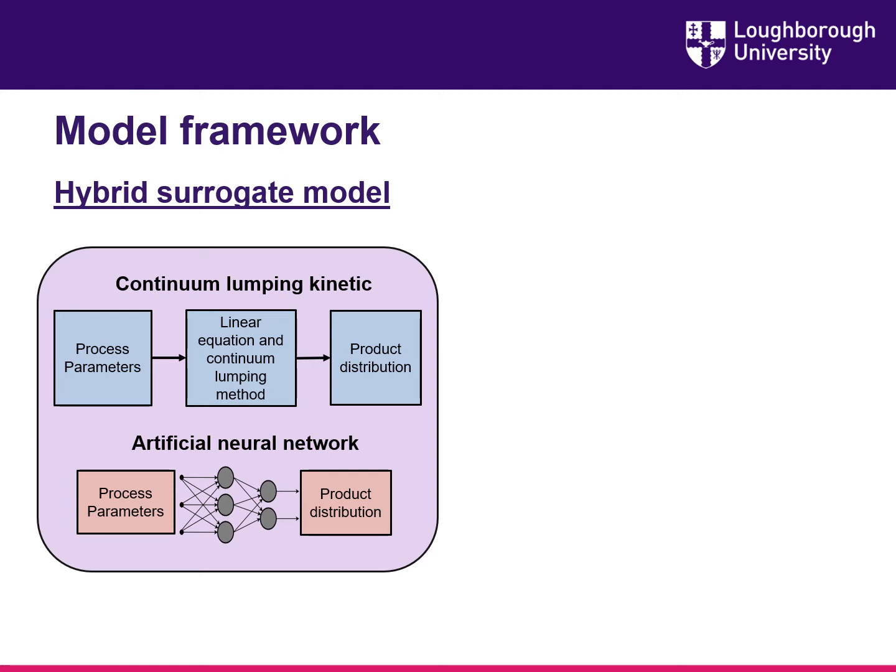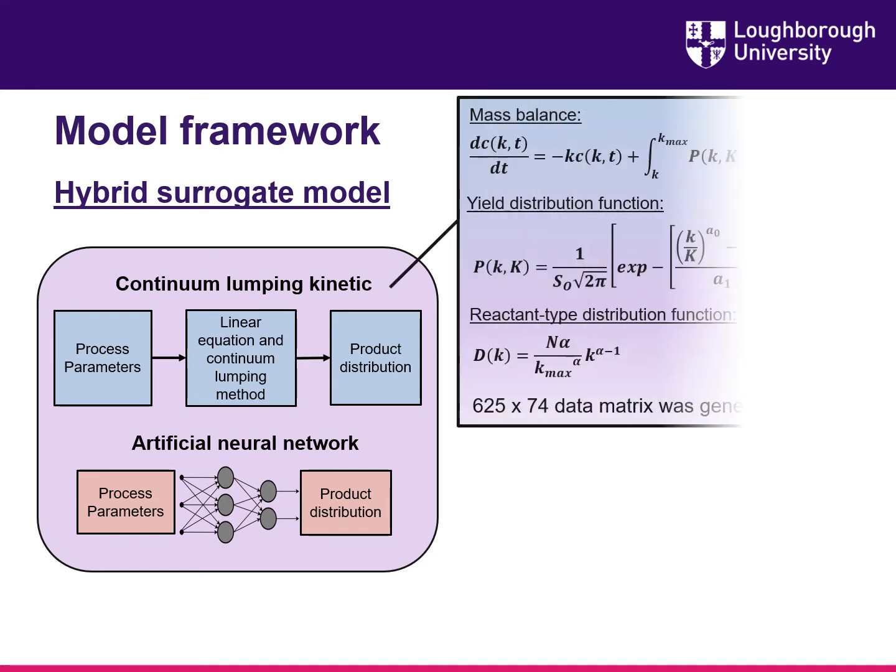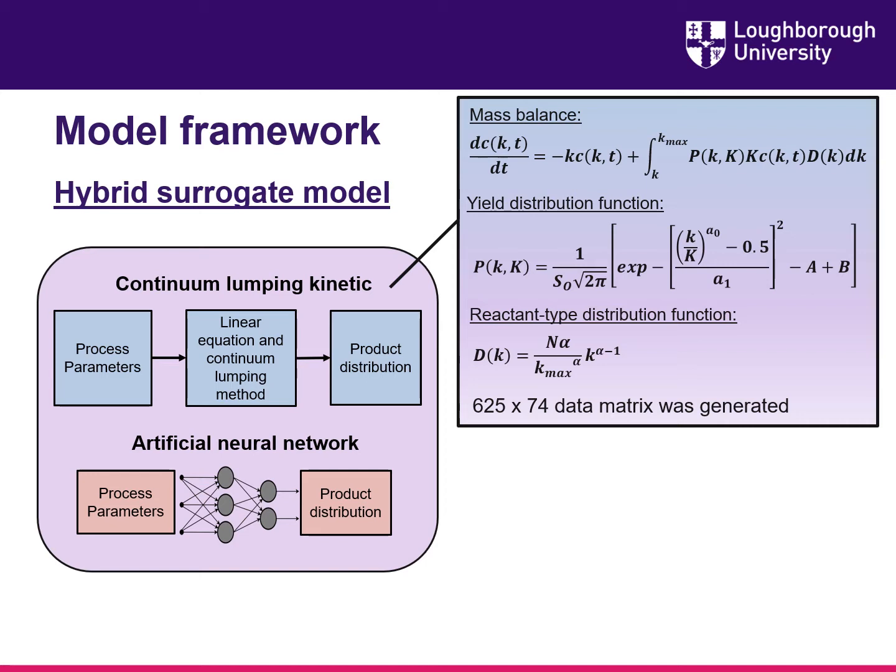A linear equation is used to calculate the kinetic parameters from the process parameters, and then mass balance equation is used to calculate the product distribution. And from this continuum lumping kinetics model, in total 625 data were generated, where each data consists of 4 study parameters and its corresponding product distribution.